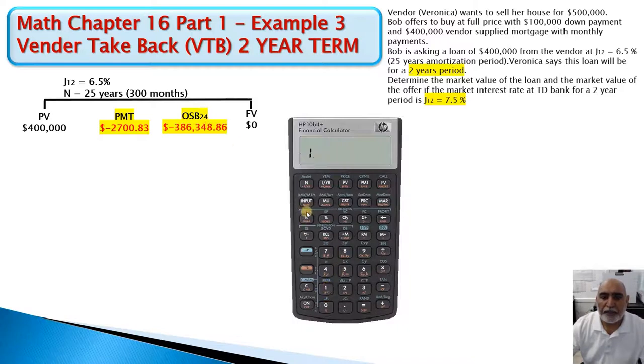So 1 input 24, second amort. And this is for the first 2 years principal, first 2 years interest, balance after 2 years. Okay, this can also be done this way. Let's say we put in the payment, 2,700.83.